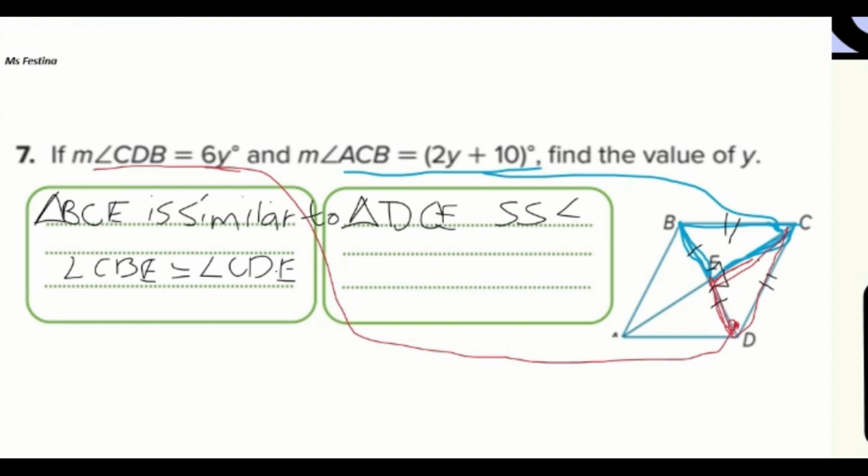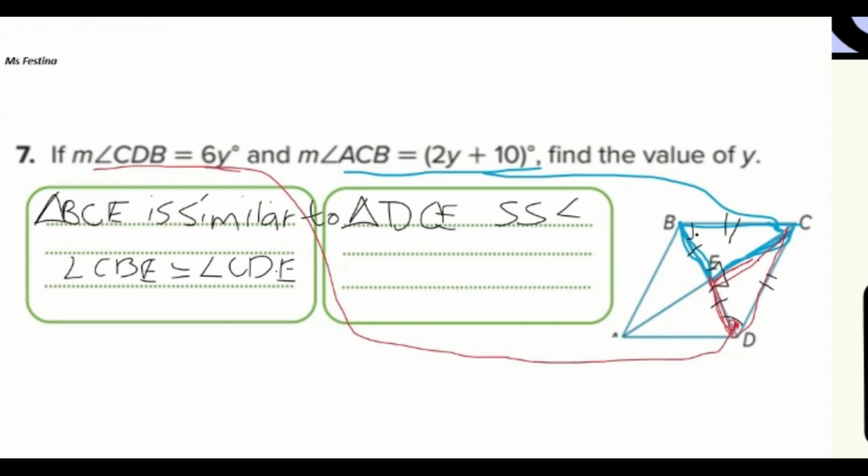If this is equal to that, then this angle here is equal to that. So angle EDC, or CDE, will be equal to angle CBE, because these are similar triangles. Similar triangles have the same angles. All the angles are equal to each other.